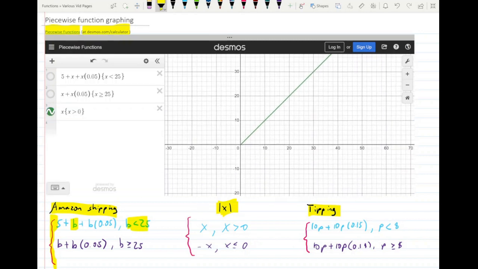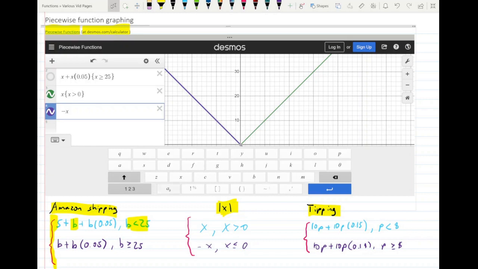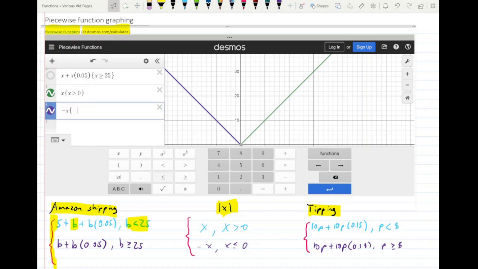As you can see, that gives us 1/2 of that piecewise function, the positive part. Then we'll type in the next half, minus x, under the restriction that x is less than or equal to 0. And that there gives us our other half.